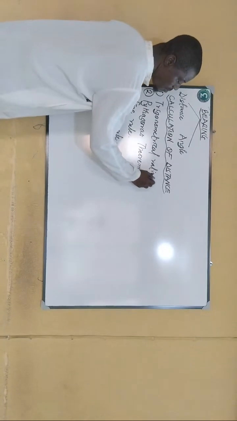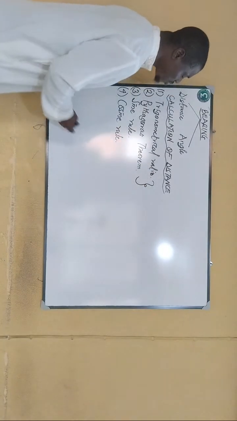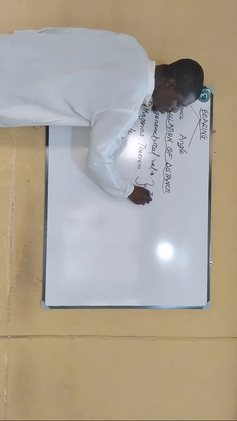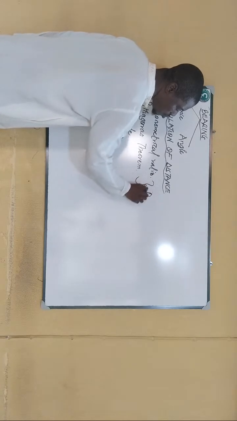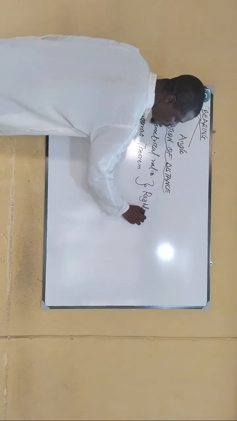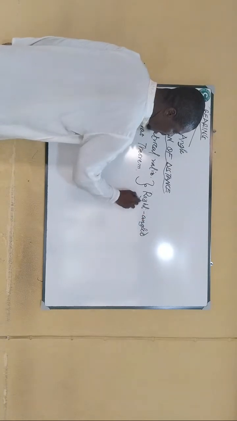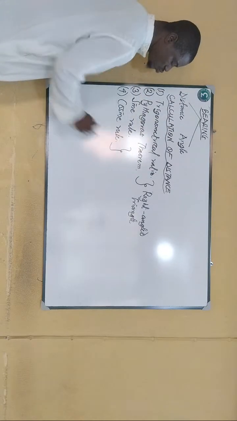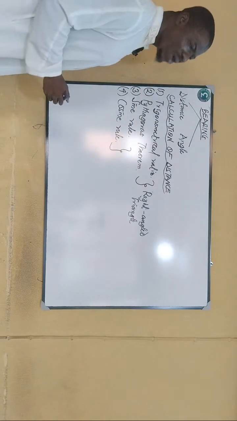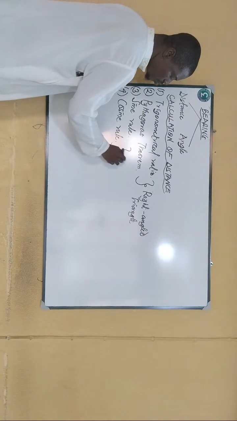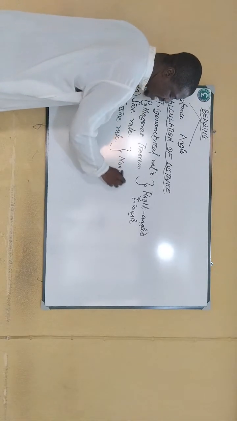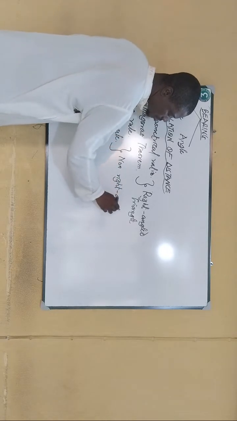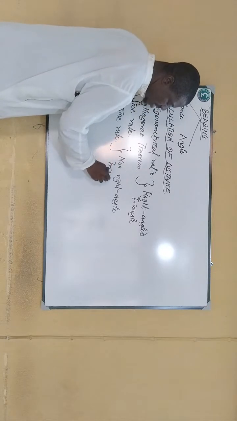These are the four methods used to solve any distance in the bearing diagram. The first two, trigonometric ratio and Pythagoras theorem, are used when you have a right angled triangle. The other two you use when you have a non-right angled triangle, which can be scaling.